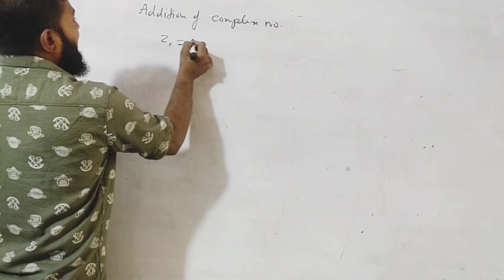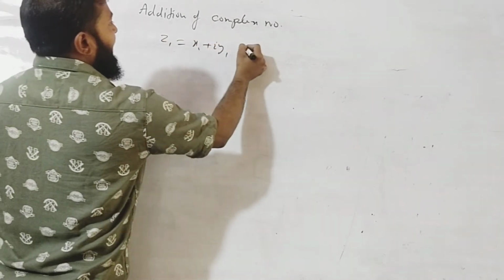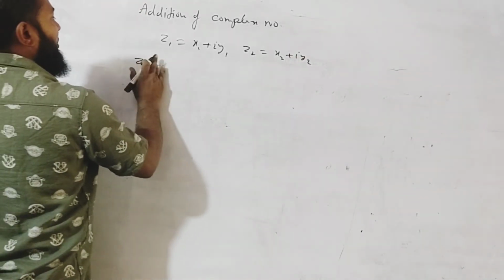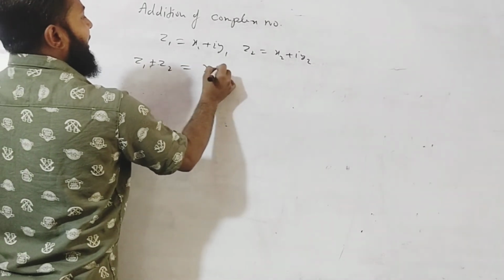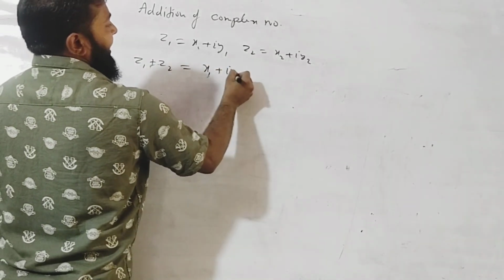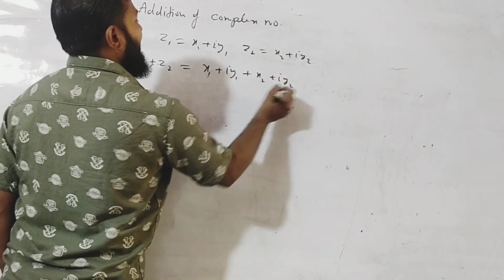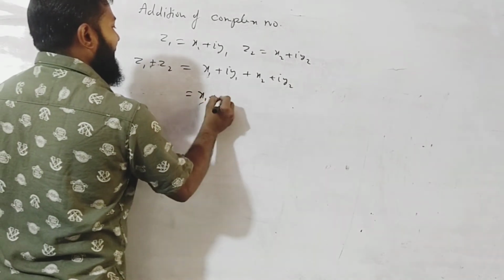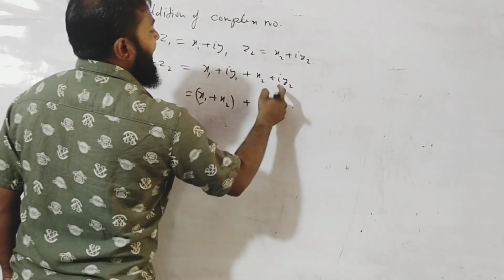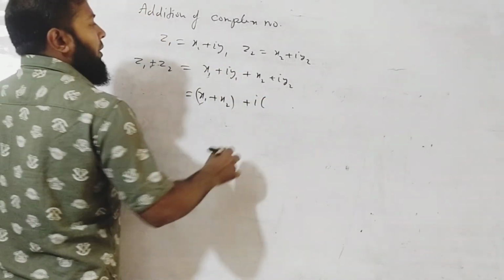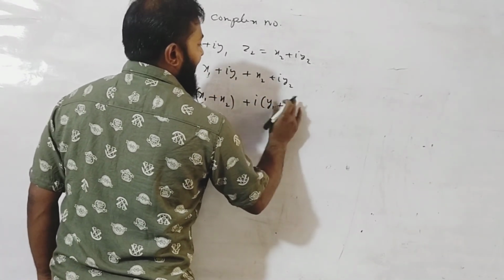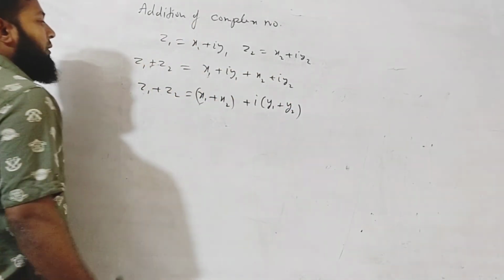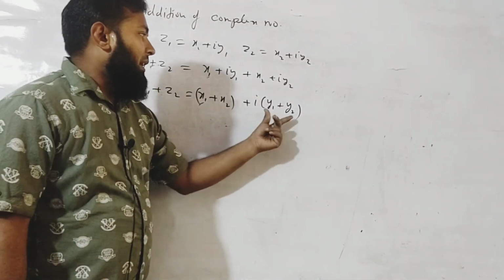If we have z1 equal to x1 plus iy1 and z2 equal to x2 plus iy2, then z1 plus z2 equals x1 plus iy1 plus x2 plus iy2. Here x1 and x2 are real, so x1 plus x2, and in iy1 and iy2 we take i out as a common factor from both terms, i(y1 plus y2). So z1 plus z2 equals (x1 plus x2) plus i(y1 plus y2).